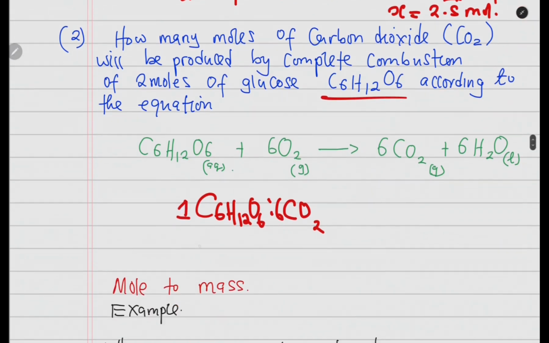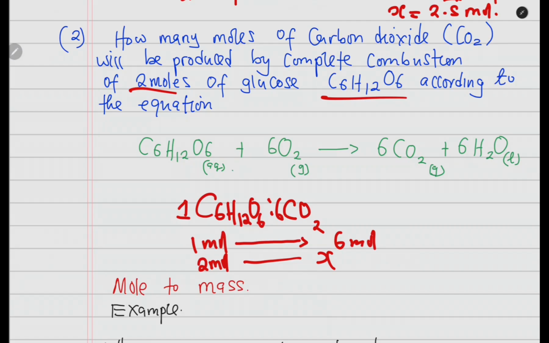So what this means is that 1 mole of glucose this time around reacts with oxygen to produce 6 moles of carbon dioxide. What about 2 moles of glucose? As you can see here, what amount of carbon dioxide will be produced? So X is equal to 6 mole multiplied by 2 mole, then divided by 1 mole.